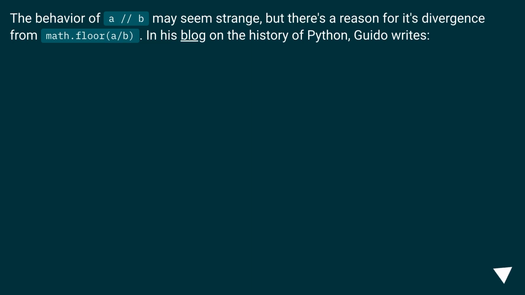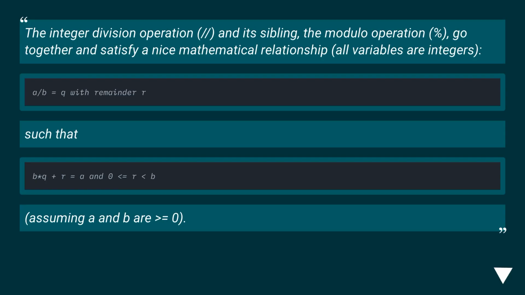Why does // do that? The behavior of a//b may seem strange, but there's a reason for its divergence from math.floor(a/b). In his blog on the history of Python, Guido writes: the integer division operation // and its sibling, the modulo operation %, go together and satisfy a nice mathematical relationship, where all variables are integers, such that a equals q*b plus r, assuming a and b are greater than or equal to 0.